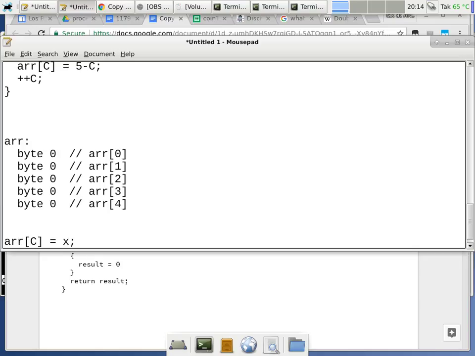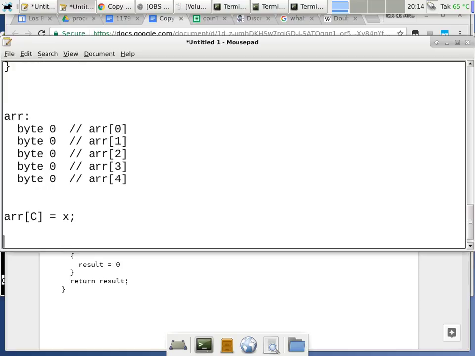You cannot do it with register C alone, okay? You need another register. What is the address of ARR bracket C? This is a basic C question, okay? What is the other way to express it?